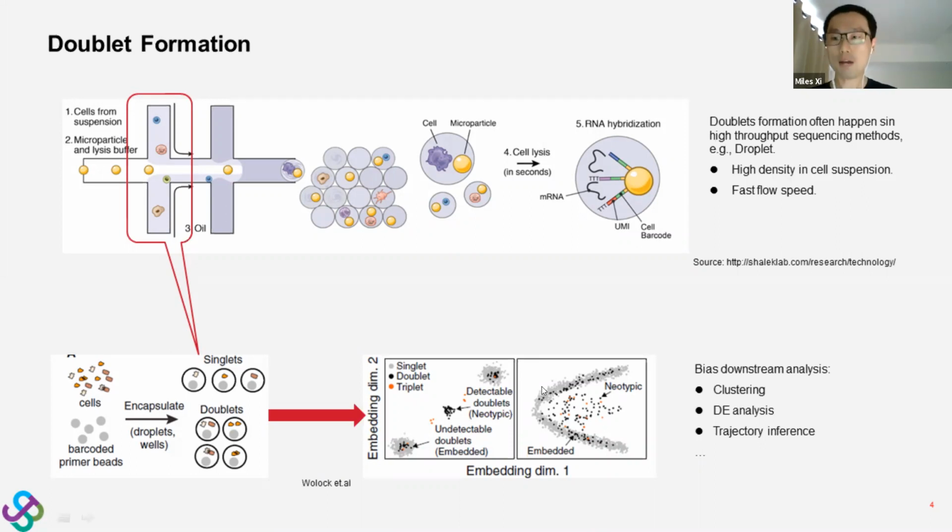However, if you have doublets, then it usually happens that all those doublets will give you a cluster, because those doublets are very different from, say, single cells, right? Because there are 2 cells. So you will have, say, this cluster in the middle, which is actually doublets, or fake single cells. However, if you ignore this problem, you will think, okay, this is a cluster, right?